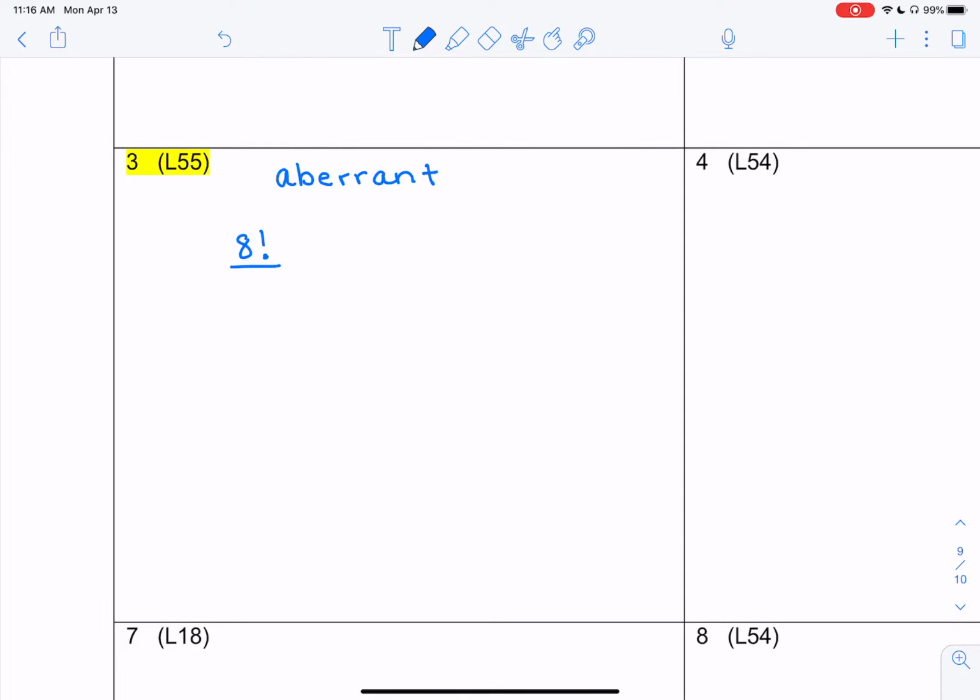Then I go back and find any duplications of letters in the word, and I have two A's, so I'll make that a 2 factorial. I also have two R's. Those are the only repeats that I have, so I'm ready to go ahead and simplify that. 8 factorial divided by 2 factorial, 2 factorial, and I get 10,080 as my final answer.